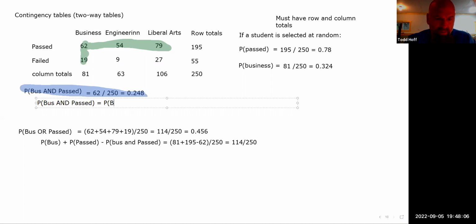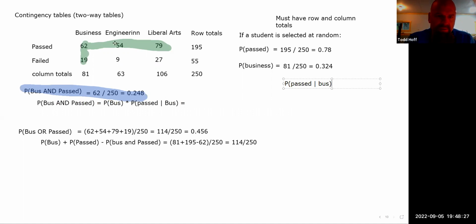We do the probability of the business times the probability of passed given that they were a business student. So let's find that probability there first. The probability that they passed given that they were a business student.